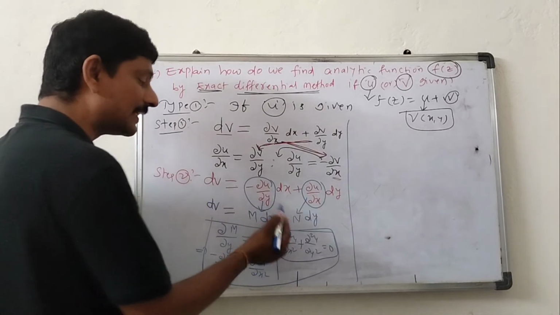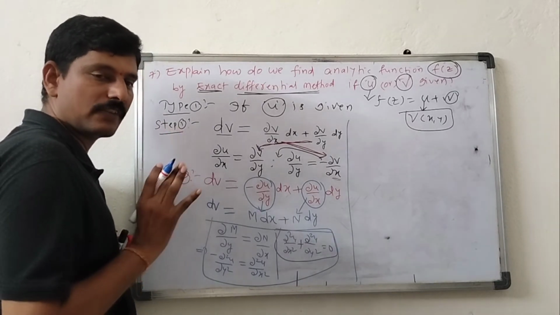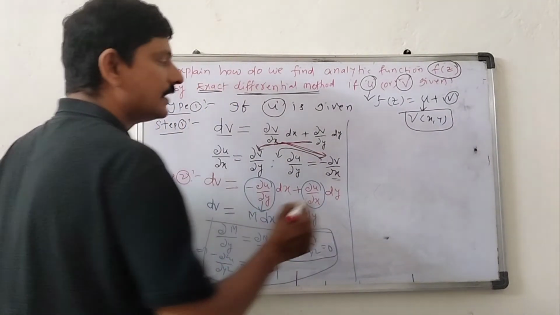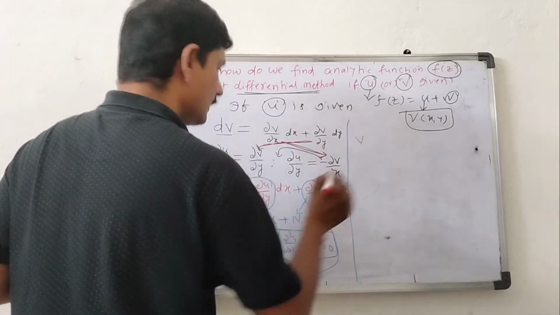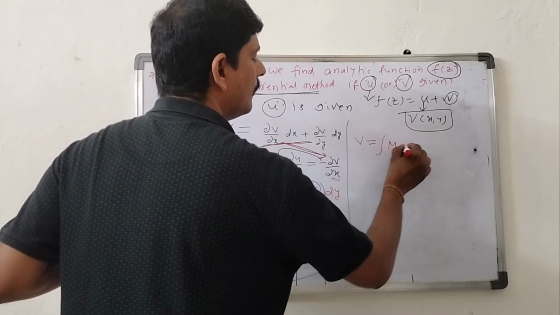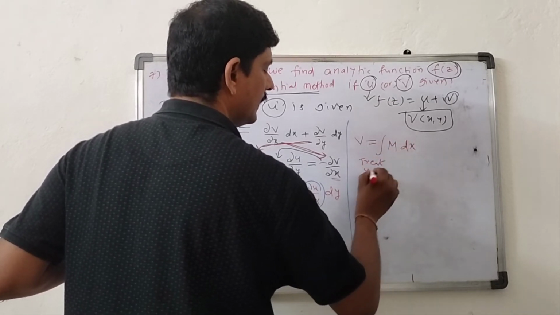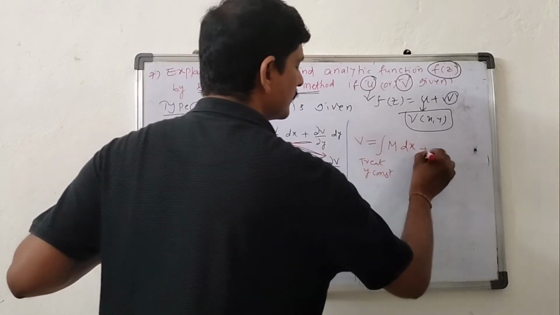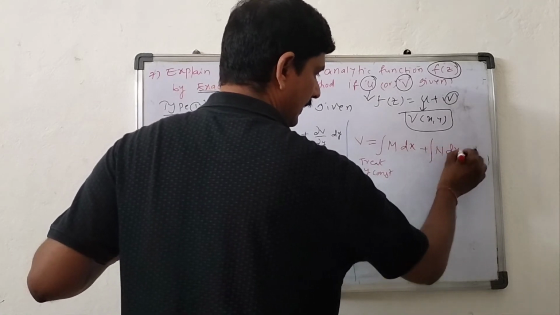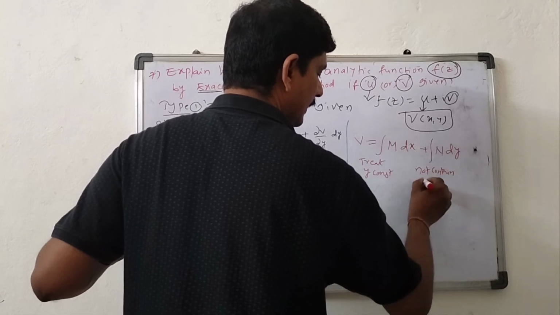So if it is an exact differential equation, we have a formula from your M1, M2, exact differential equation. The formula to find v is by doing integration on both sides. So v is equal to the integral of M dx, treating y as constant, plus the integration of N dy, the terms that do not contain x.